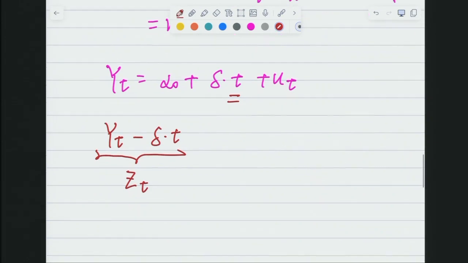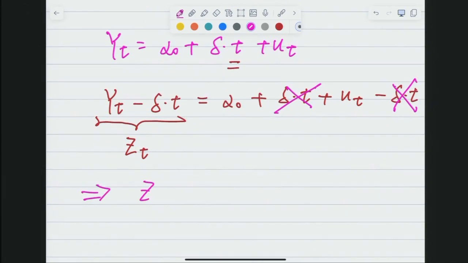Then zt is equal to alpha naught plus delta times t plus ut minus delta times t. So the trend cancels itself out, giving us the trend series, z, equal to alpha naught plus ut. Alpha naught is just a constant.